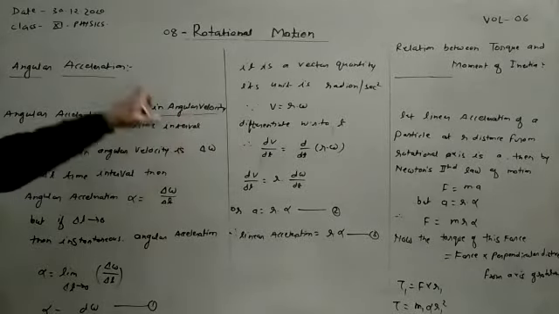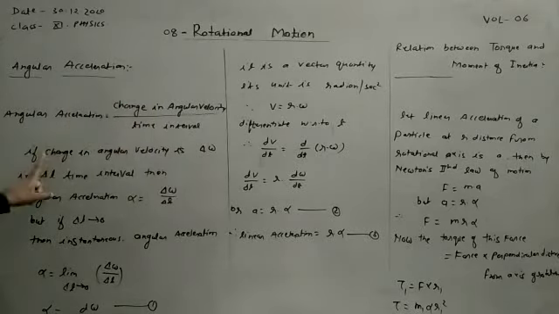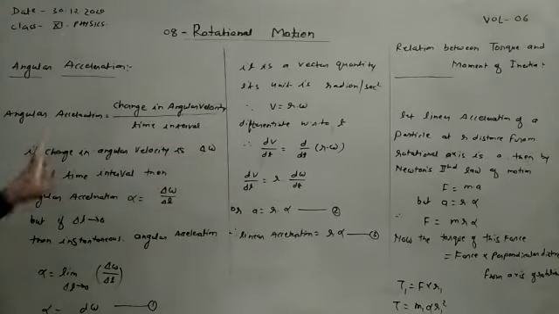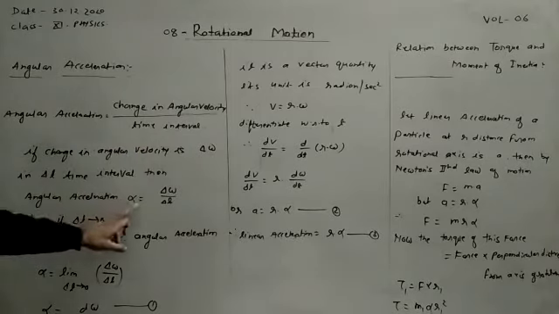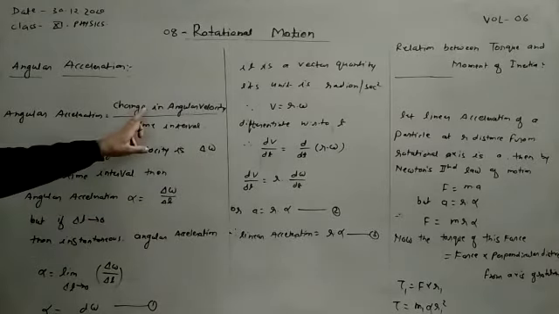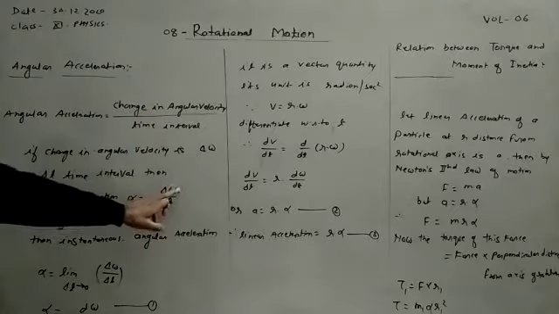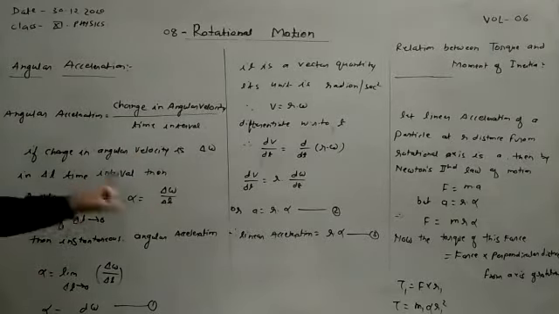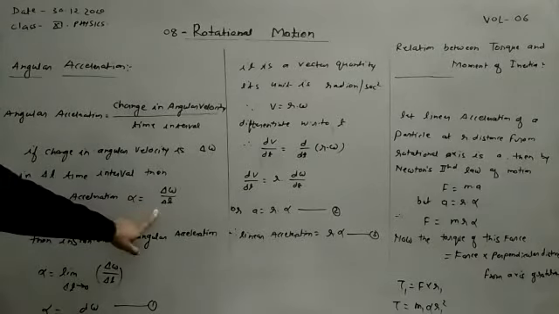interval. Okay. For finding this formula, if the change in angular velocity is delta omega in delta t time interval, then the angular acceleration will be alpha equals change in angular velocity, that is delta omega, upon time interval, that is delta t. Okay. But delta t is a very small time interval.